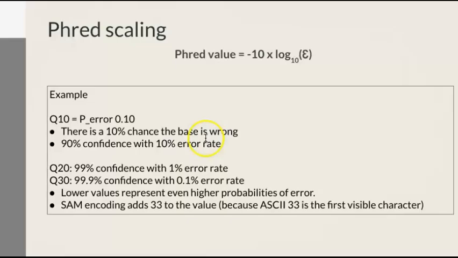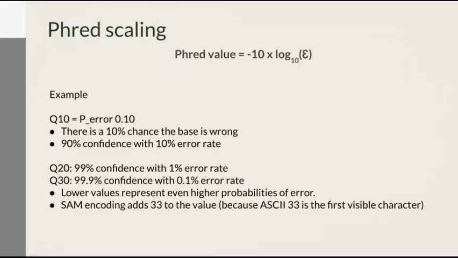What that means is that you have a 10% chance of error, and you're 90% confident. The higher your number, the higher your confidence, and the lower your error rate is. So a Q20, with a Phred score of 20, you're going to be even more confident about that base calling and have less of an error compared to 10, and then 30 will be even more confident.